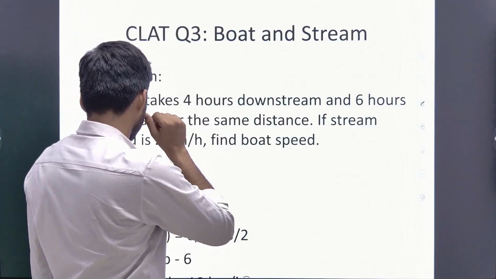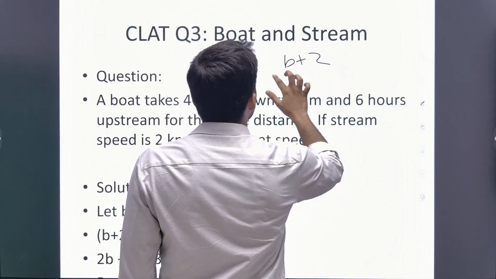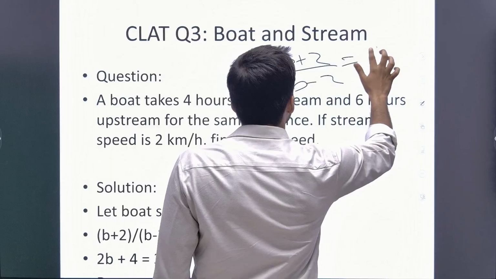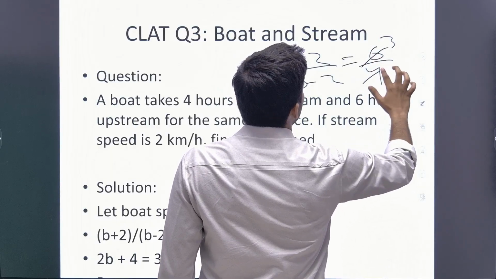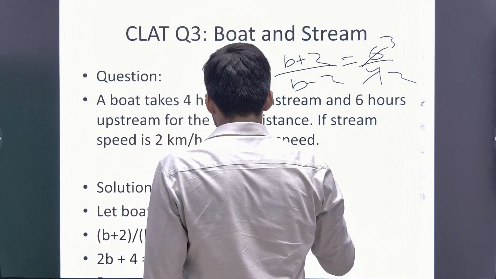So we'll do it like b plus 2 divided by b minus 2, which is equal to 6 divided by 4. When you divide by 2, it becomes 3 and 2.